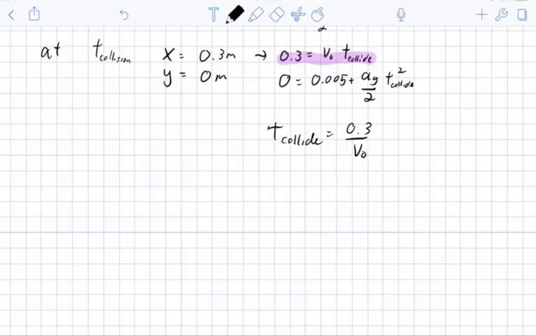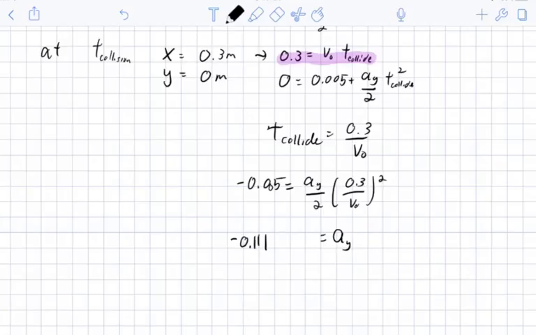So it's minus 0.005 is equal to ay over 2 times 0.3 over v naught all squared, which when you rearrange it becomes ay is equal to minus 0.005 times 2 divided by 0.3 squared. So that's minus 0.111 v naught squared.